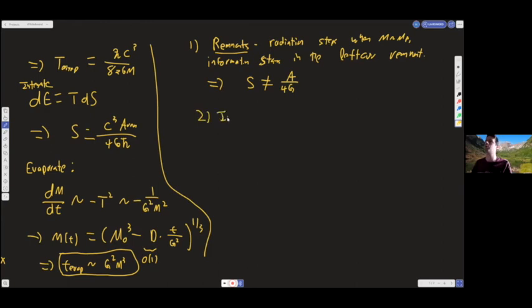Option number two was the one Hawking went for, which is information loss. Where you just say that the evaporation finishes, so there's nothing left, and the state of the radiation is mixed.